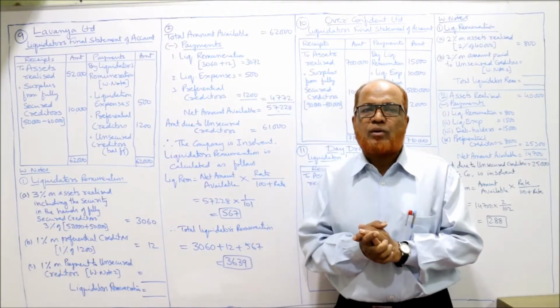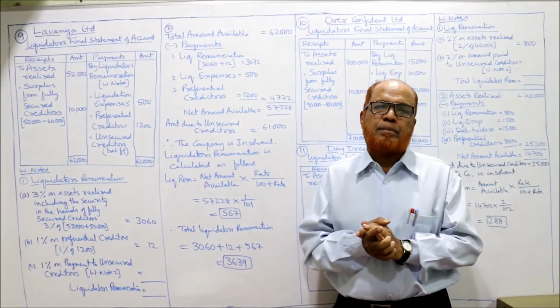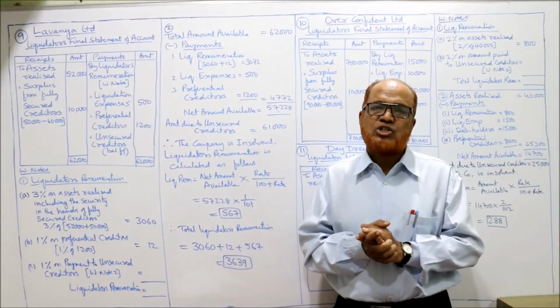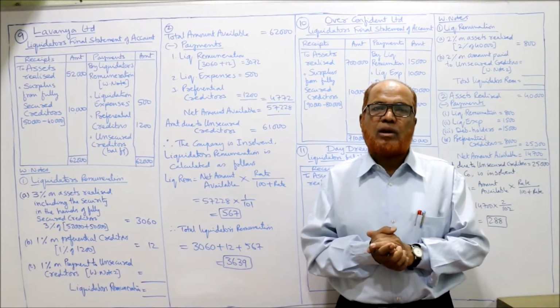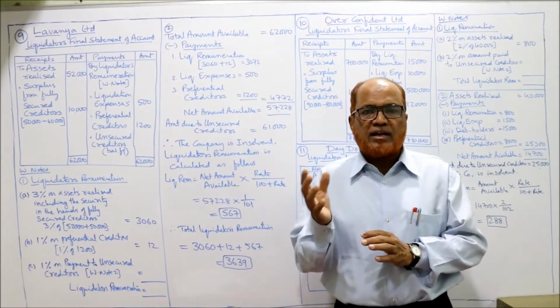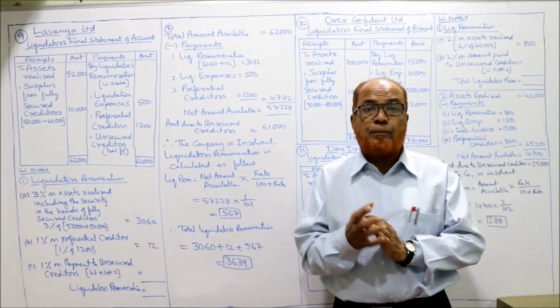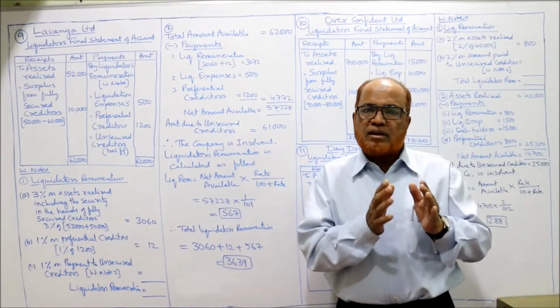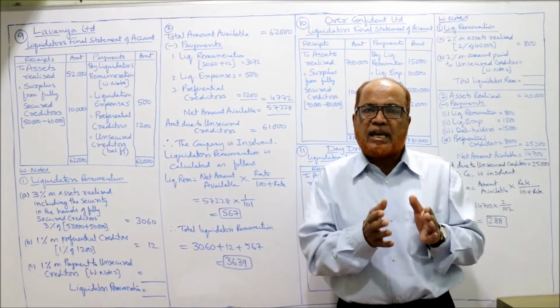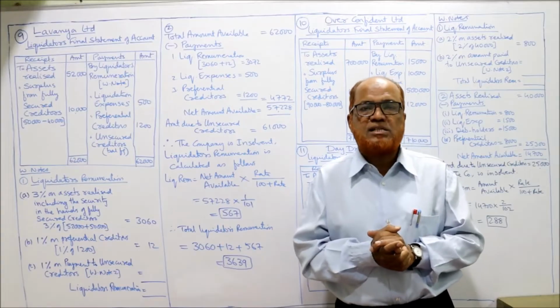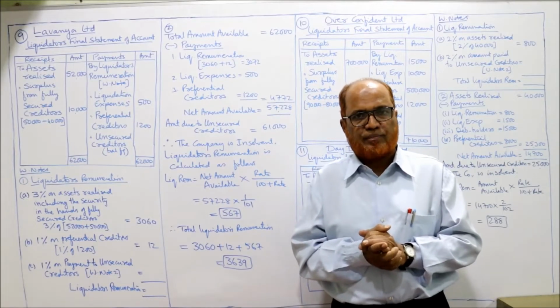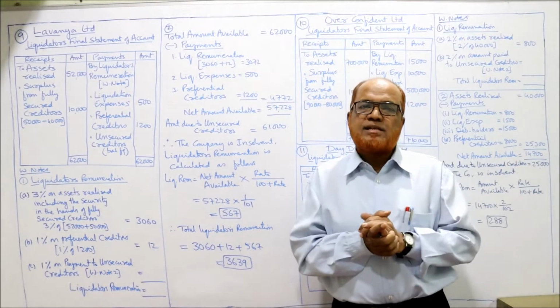Liquidator's final statement of account is just like receipts and payments account or cash book. On one side, left hand side, debit side, we take all receipts of cash, and right hand side, credit side, we take all the payments of cash. The receipts of cash are assets realized by him and also the surplus received from fully secured creditors. That will be taken on the receipt side.